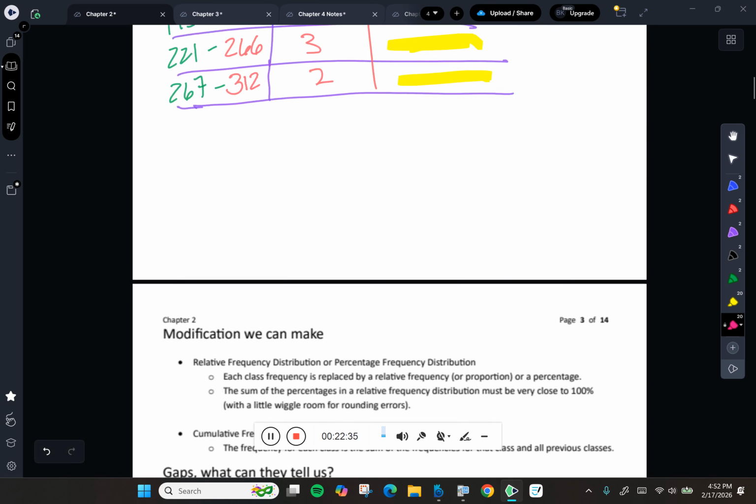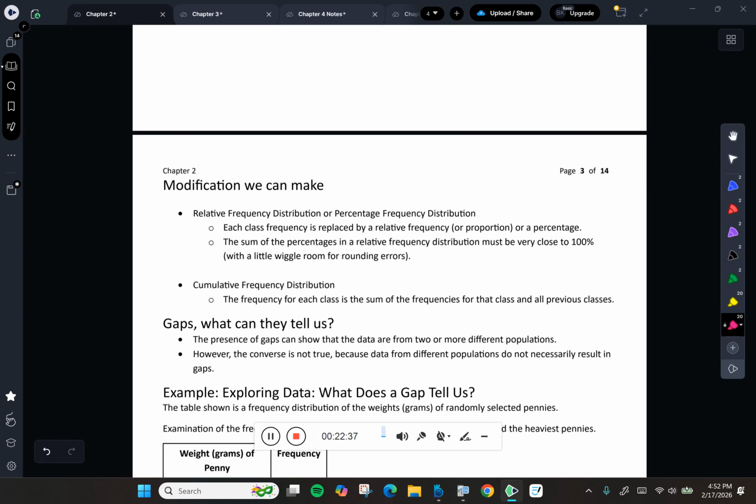Right? Now, there are some modifications we could make. Like, for example, I could turn this from a frequency distribution into a relative frequency distribution, right?